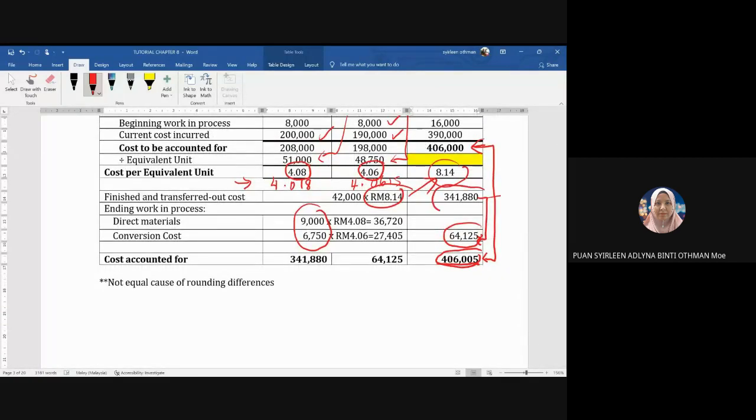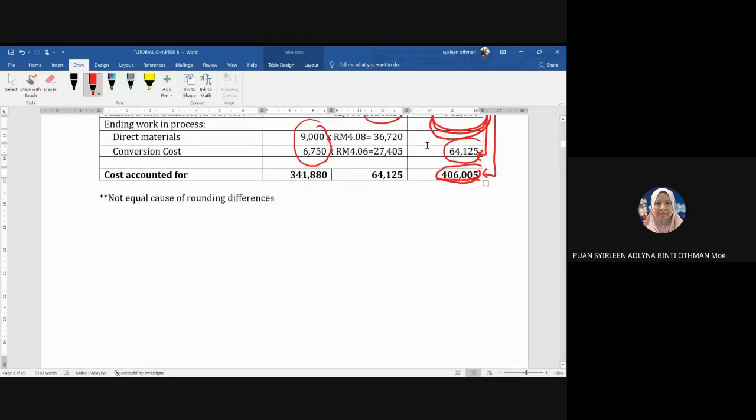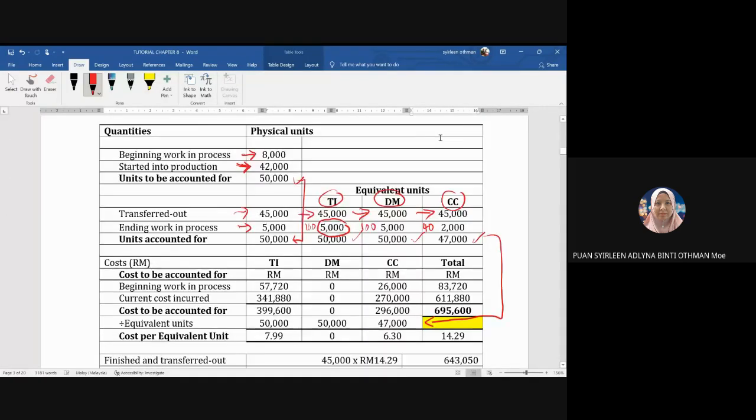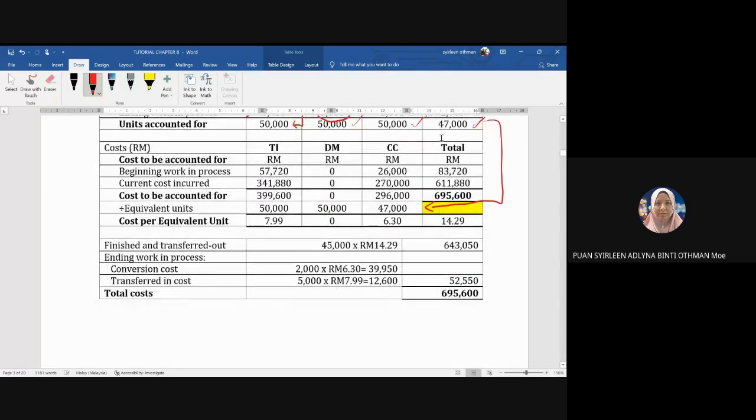Ambil dari sini. 341,880 ni completed and transferred out dari Department 1 pergi ke Department 2. Dia akan jadi current cost. So 341,880. So untuk transfer in cost RM7.99.